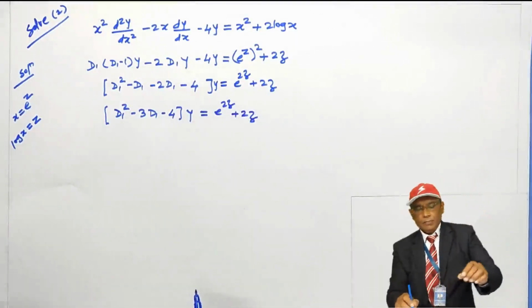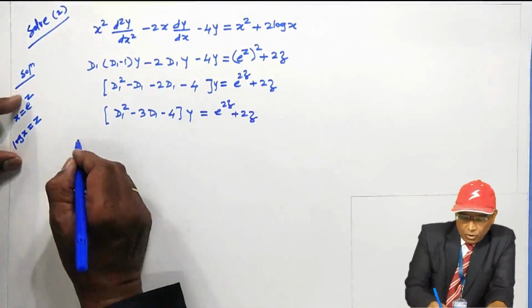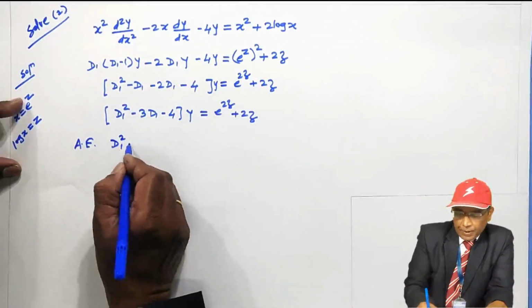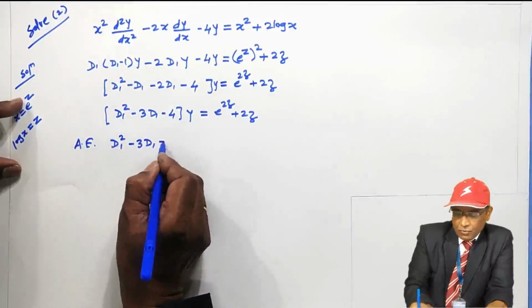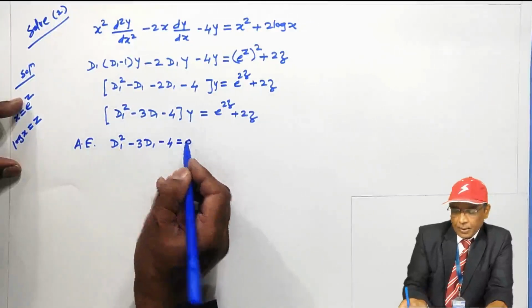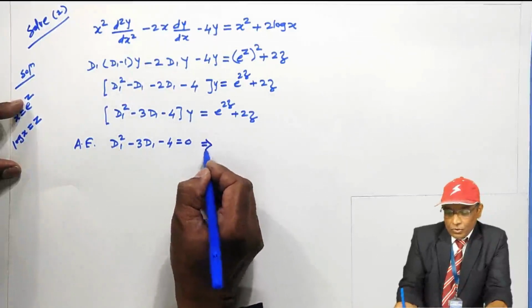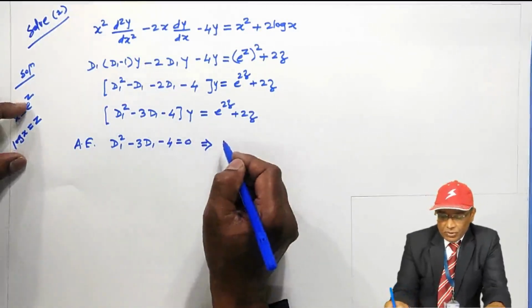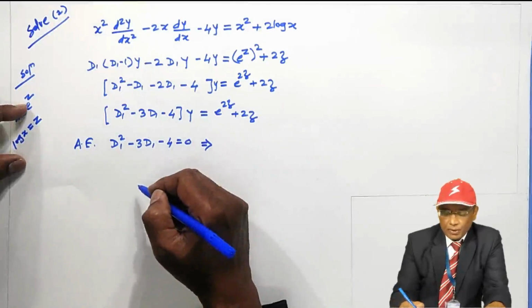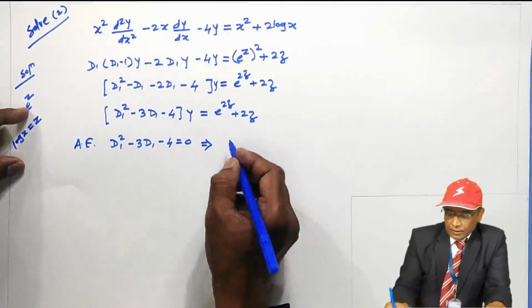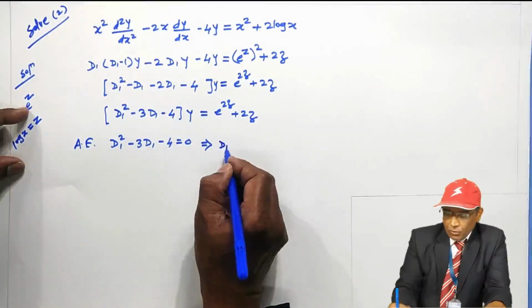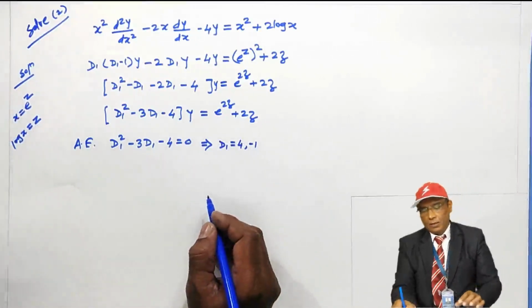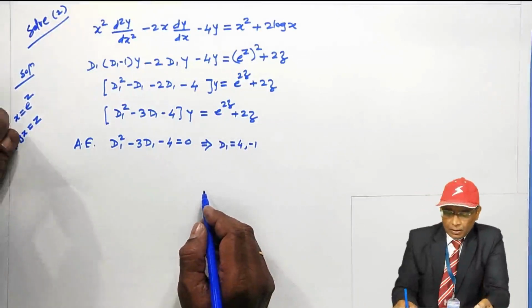Okay. Now write down the auxiliary equation D1 square minus 3D1 minus 4 is equal to 0. Find the values of D1. Use a calculator and get the values, or manually it is very simple to find out. Here D1 is 4 and D1 is minus 1. Okay, right?